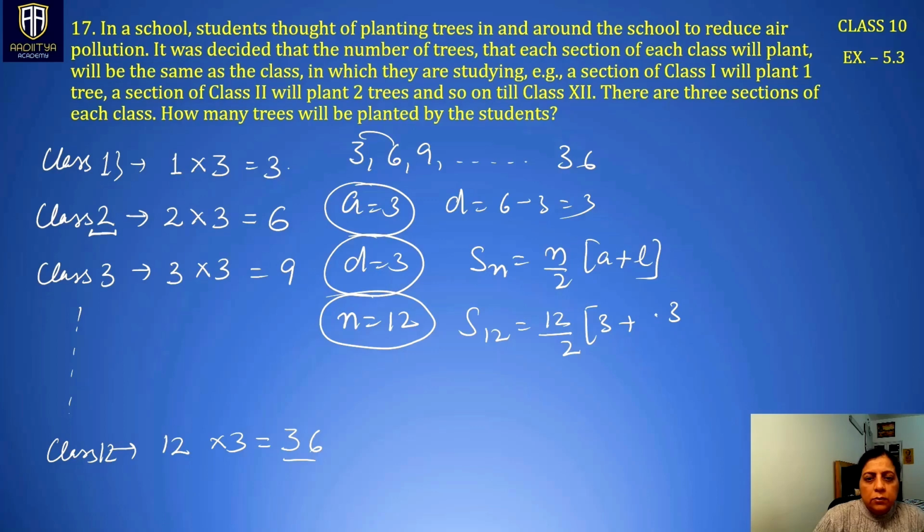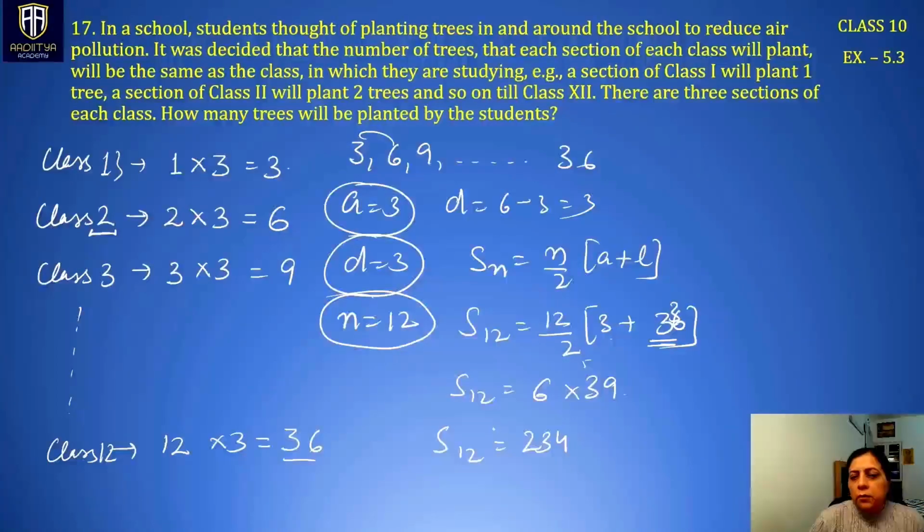So S12 becomes 6 multiplied by 36 added to 3 is 39. So total trees become 6 times 39, 6 nines are 54, 6 threes are 18 and 5 carried, which is 234. Right?